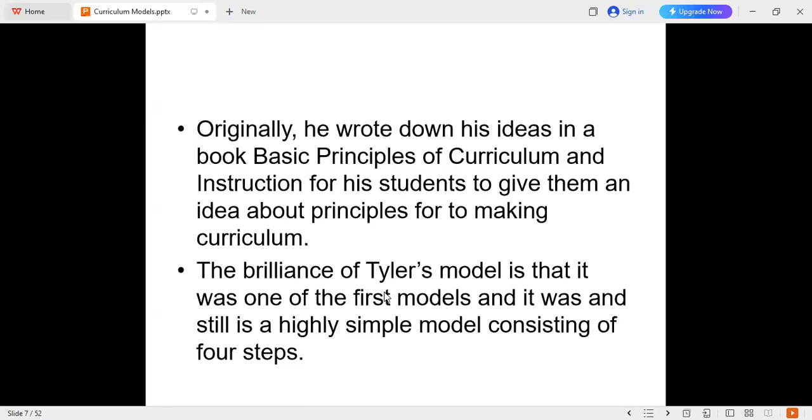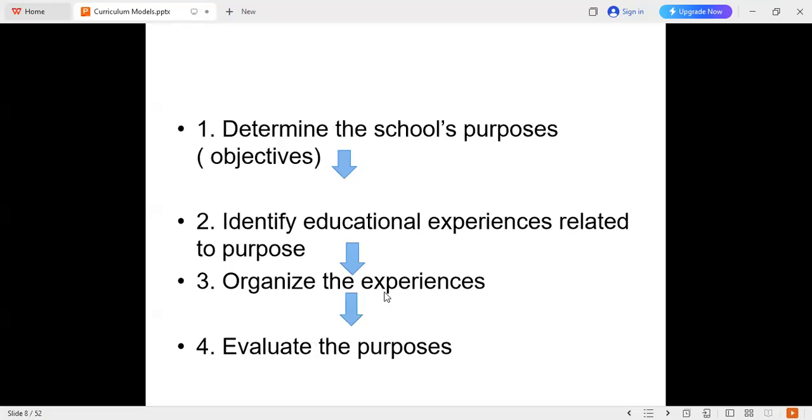It is not complicated, we can easily understand it, and easily use it to develop a curriculum. These are the four areas he has highlighted in his model.